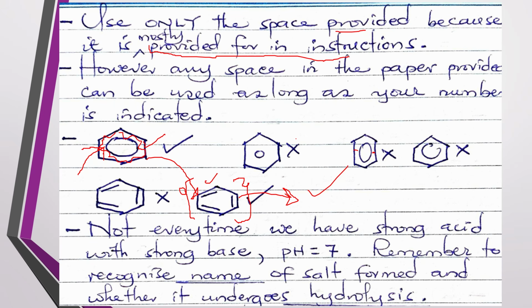Now the other point is that not every time we have a strong acid with a strong base, the pH is going to be 7. So here, remember to recognize the name of the salt that is being formed, whether it undergoes hydrolysis. Mainly, if we have a strong acid and a strong base, hydrolysis does not take place, but also it's very rare for us to set such questions.